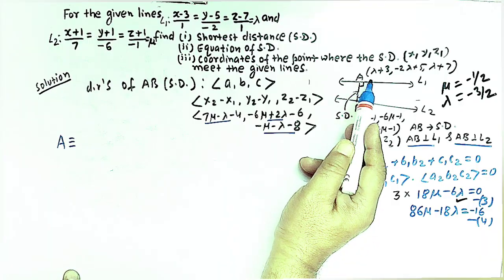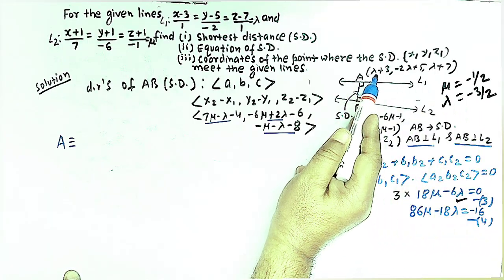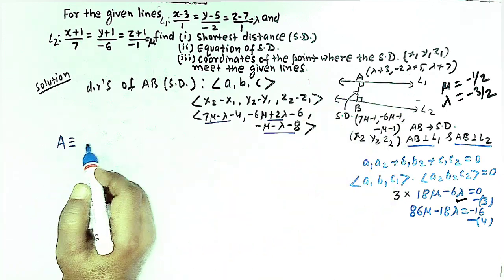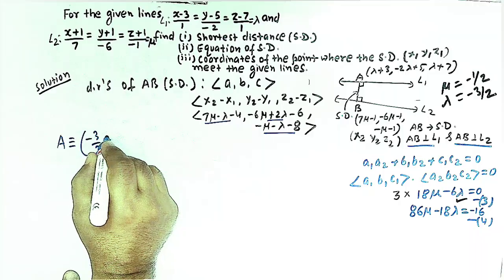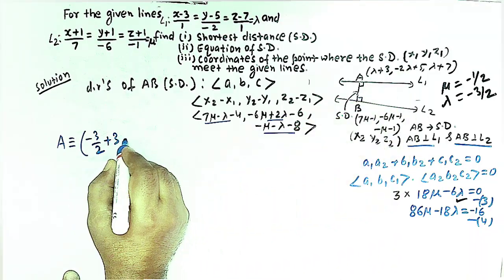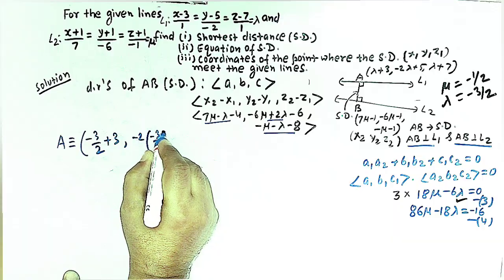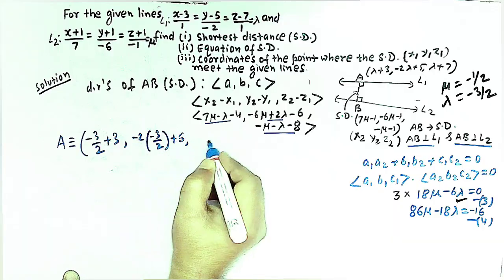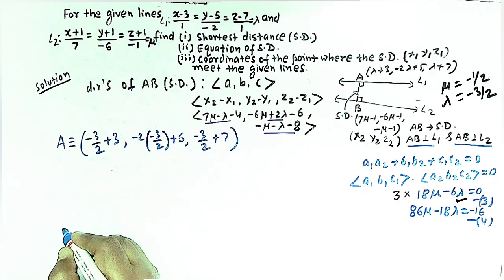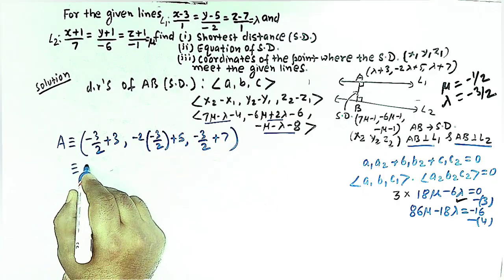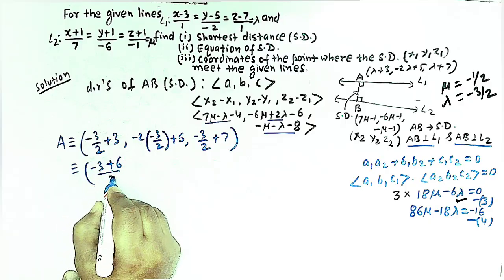So now taking lambda is equal to minus 3 by 2 in this coordinate. So the coordinates of the point A are given by minus 3 by 2 plus 3. Then we have minus 2 times minus 3 over 2 plus 5. Then we have minus 3 over 2 plus 7, and here we can now write minus 3 plus 6 over 2.